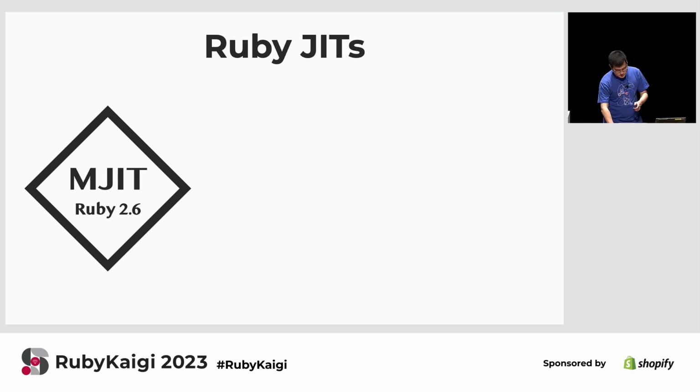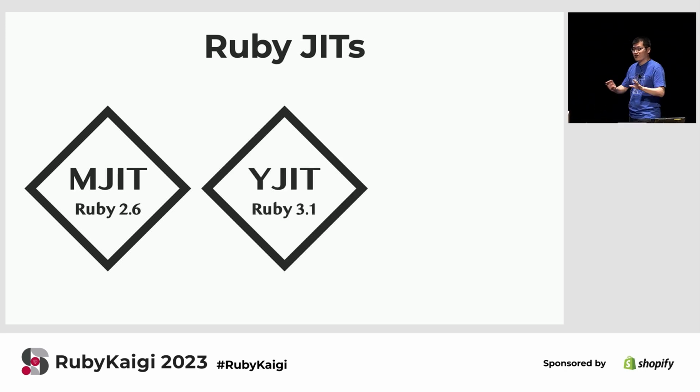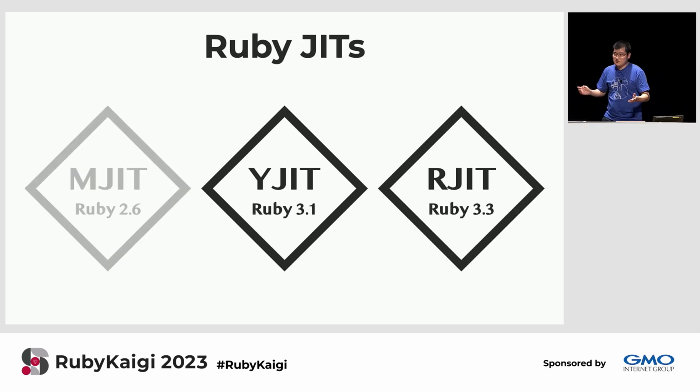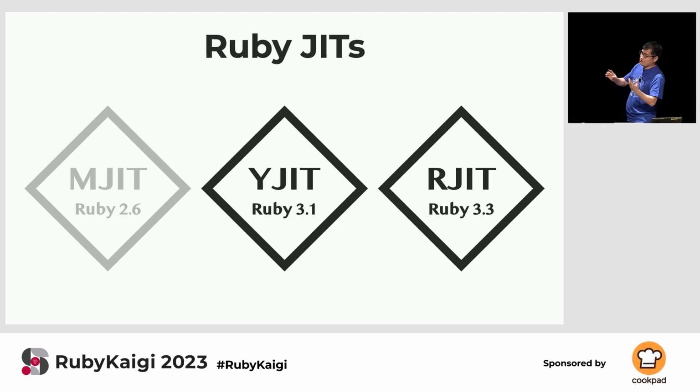Then Shopify, or Maxim, designed another JIT compiler called YJIT, the second JIT compiler, introduced in Ruby 3.1. And this year, or yesterday, we released another JIT compiler called RJIT, which is a pure Ruby JIT compiler. MJIT was written in C, YJIT was written in C first and then in Rust, and RJIT is purely written in Ruby, released as preview 1 yesterday.